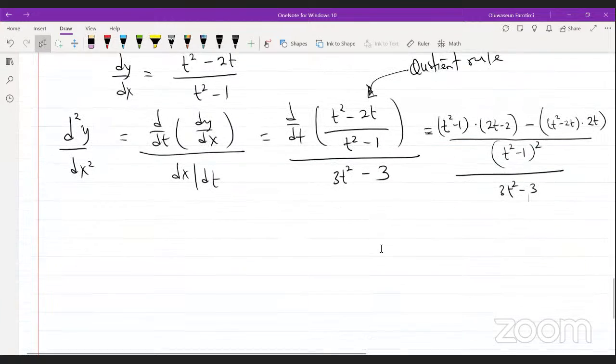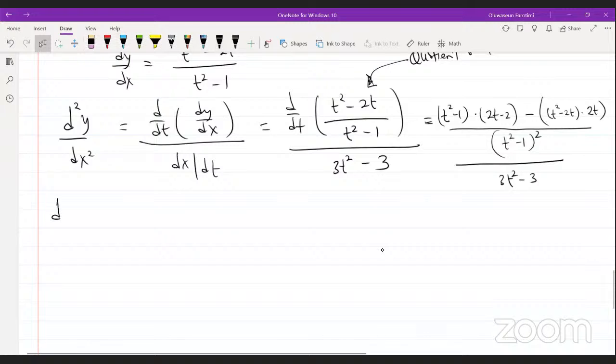Okay, so let's see how far things can simplify. I have to FOIL this guy. So that way I have a 2t cubed. What about this guy? Minus 2t squared. What about this part? Negative 2t.